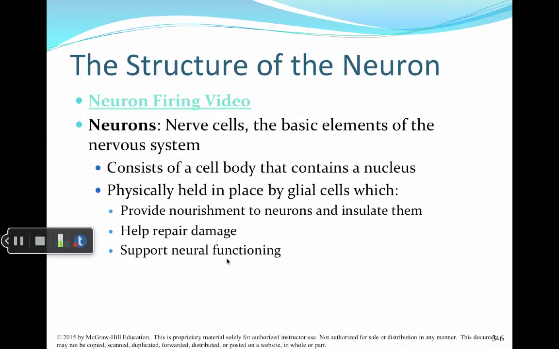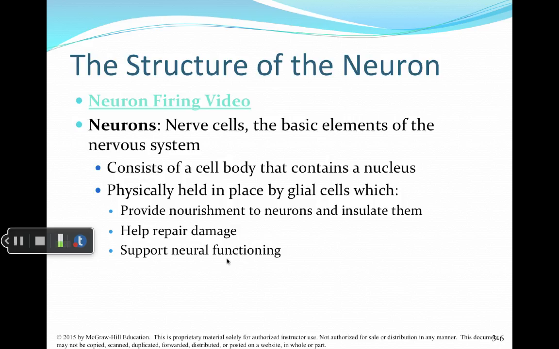So the most basic, essential part of the nervous system is called the neuron. It is a nerve cell. It has a cell body with a nucleus. It's physically held in place by glial cells.